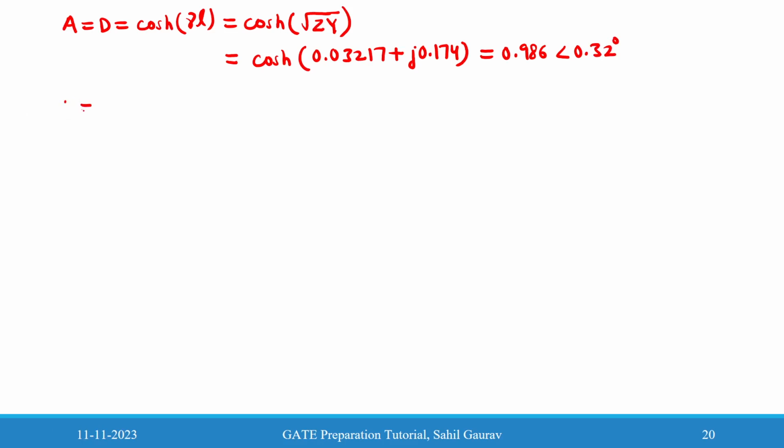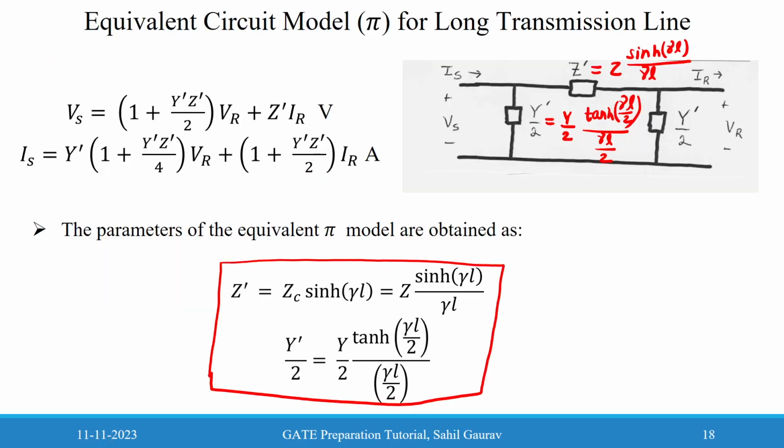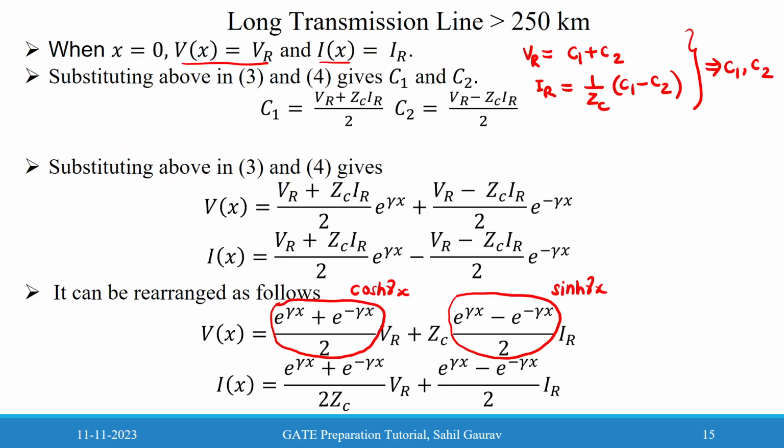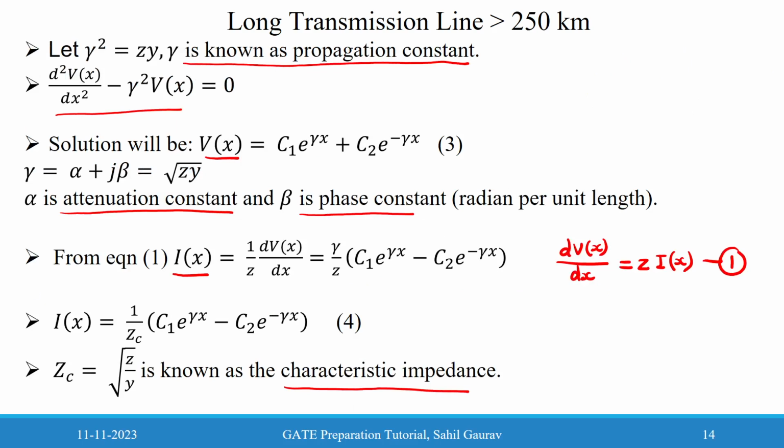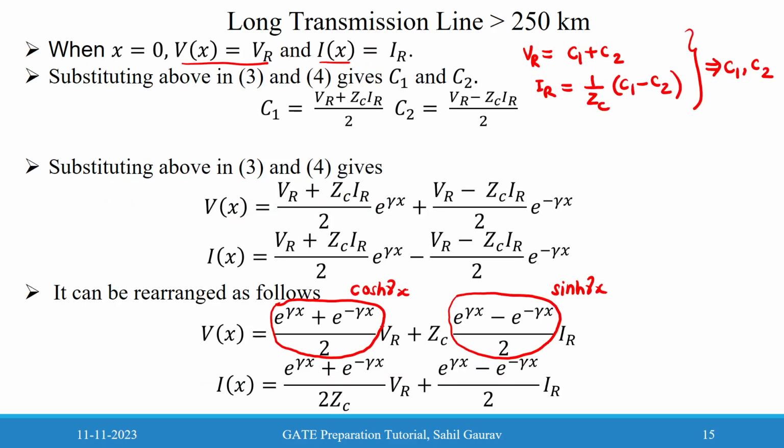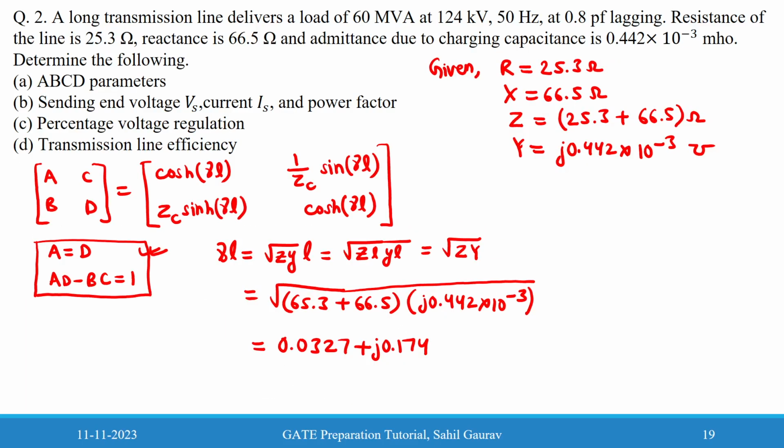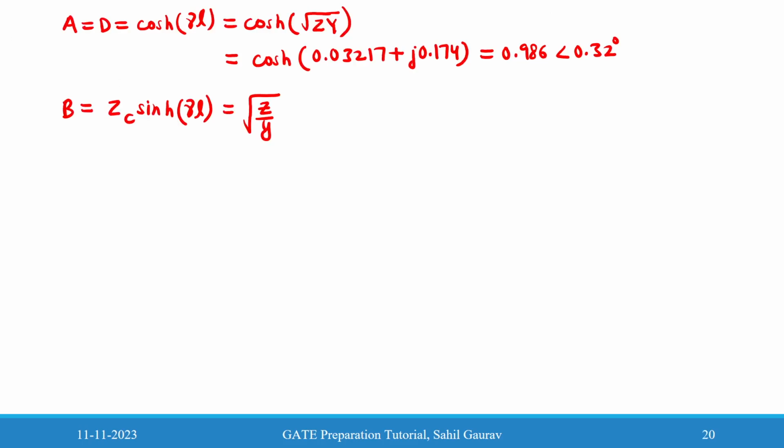And you will get the B value as ZC sinh γL. So the characteristic impedance, we have seen, is the square root of small z divided by small y, impedance divided by admittance.